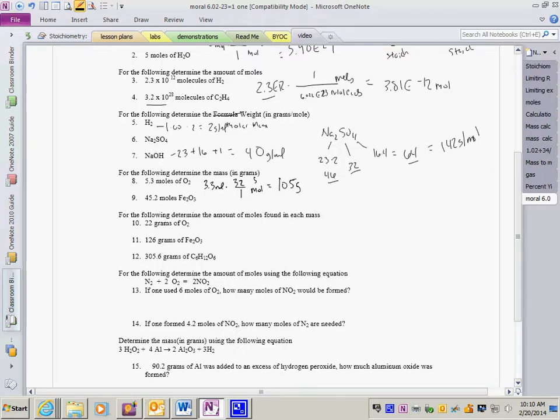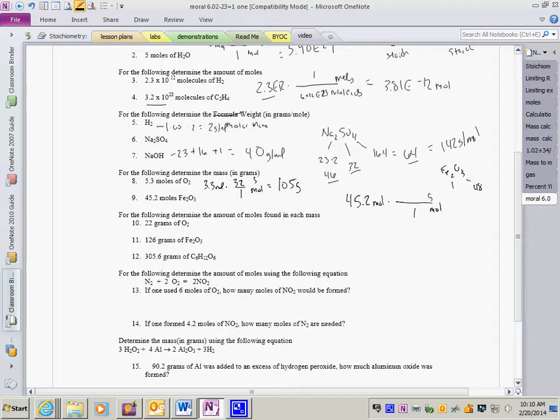Alright, next problem, I've got 45.2 moles of iron 3 oxide. So again, 45.2 moles, get rid of the moles and go to grams. Same process. Need to add the molar mass up for iron oxide. 16 times 3 is 48, and then the iron is 55.8 times 2.